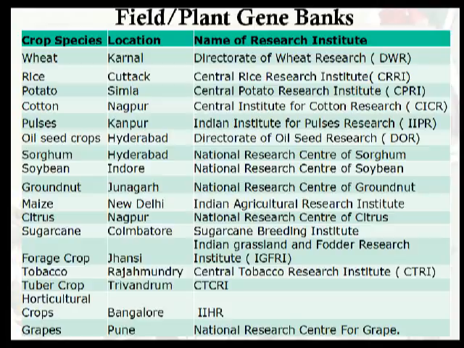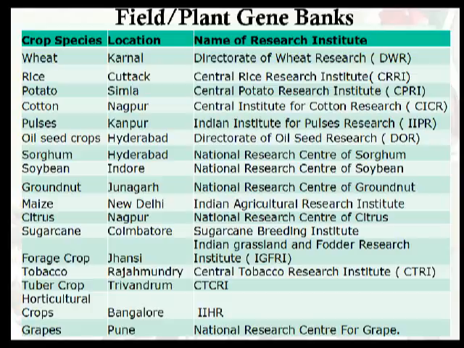Wheat we have in Karnal, that is Directorate of Wheat Research in Karnal. Rice, Cuttack, CRRI. Potato in Shimla, CPRI. Cotton, CICR in Nagpur. Pulses in Kanpur. Oilseeds in Hyderabad. Again, these are all you have to mug up. Sugarcane is in Coimbatore.